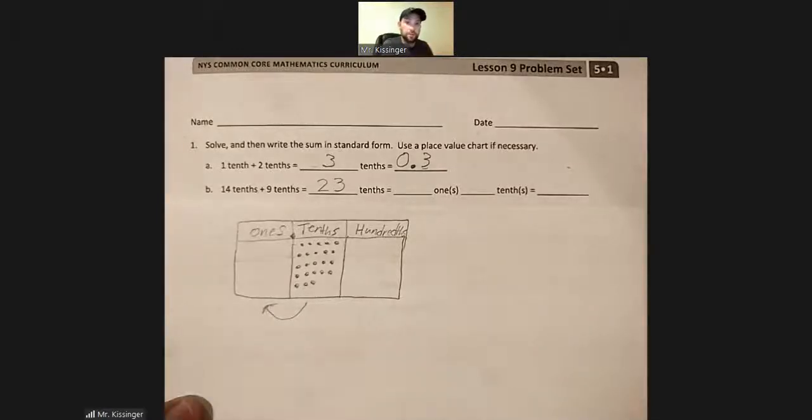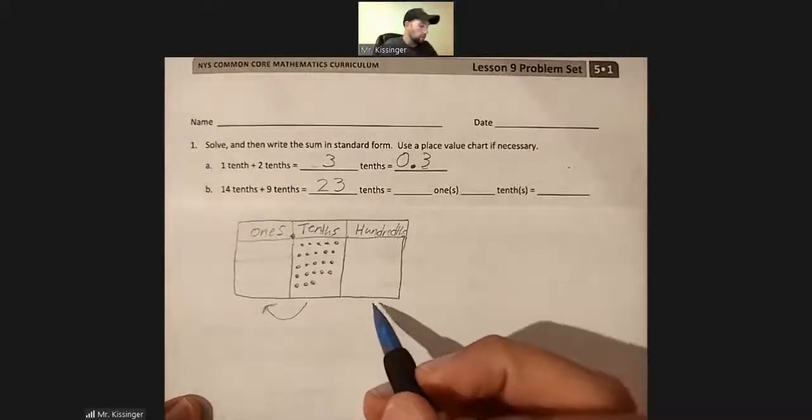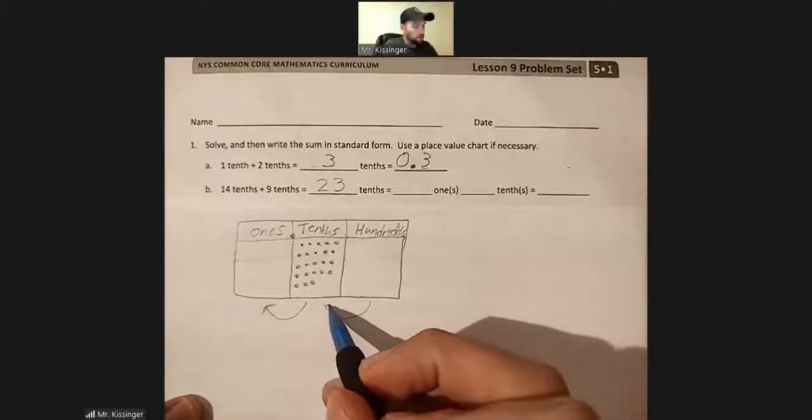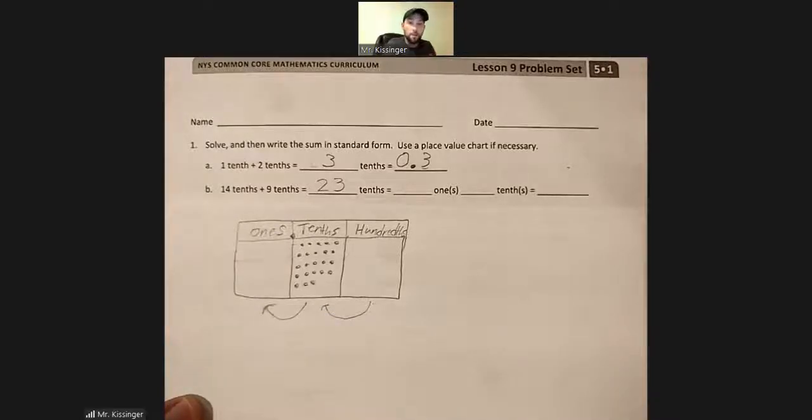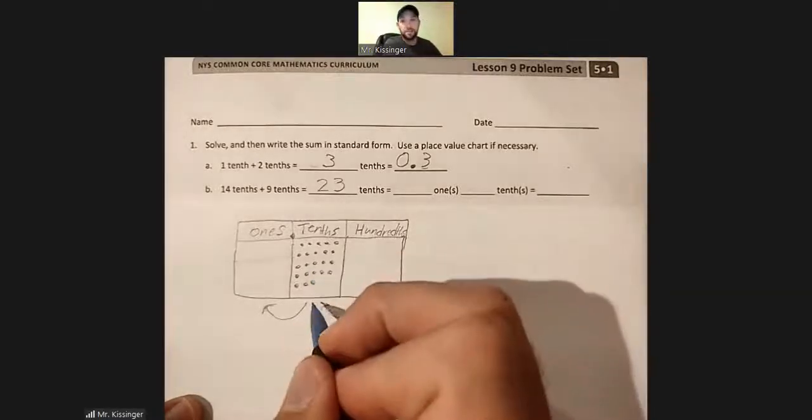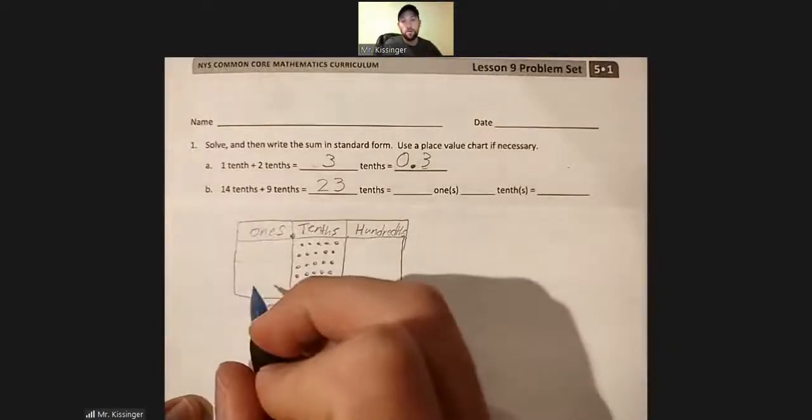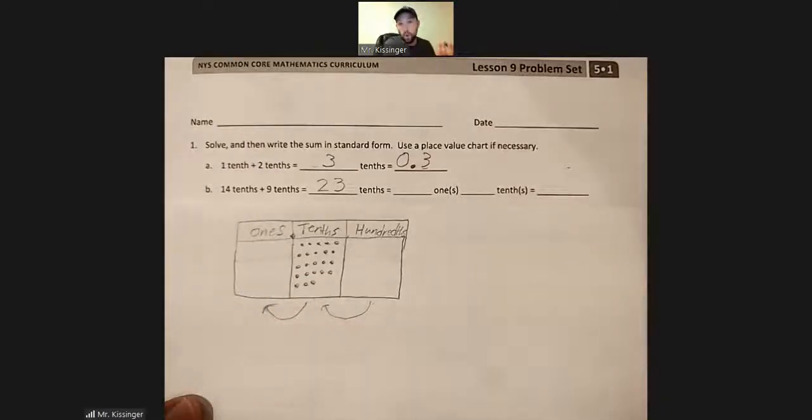So 10/10 will turn into 1 unit. If we had 10 hundredths over here, 10 of those could go over here and become 1/10, because 10 hundredths is 1/10. If we have 10/10, 10/10 is one unit or just 1.